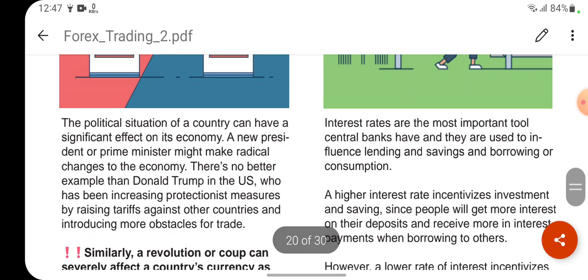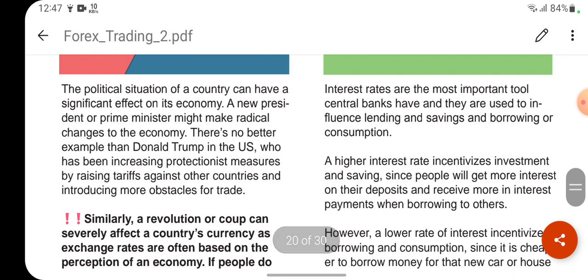The political situation of a country has a significant effect on its economy. A new president or prime minister might make radical changes to the economy. There's no better example than Donald Trump in the US, who has been increasing protectionist measures by raising tariffs against other countries, introducing more obstacles for trade.